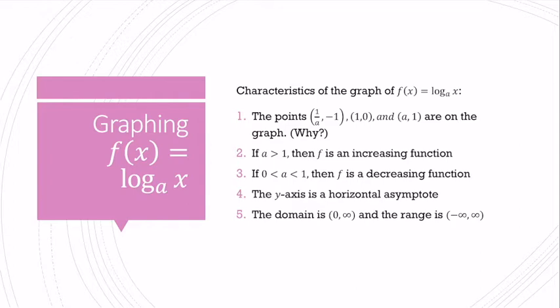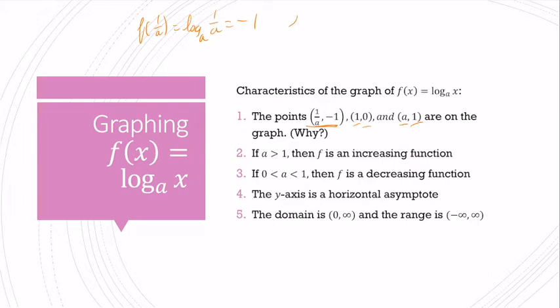So some key characteristics of log base a of x. The point when x is 1 over a, y is negative 1, is always on the graph. The point when x is 1, y is 0 is on the graph, and the point when x is a, y is 1 is on the graph. Why is that? Well, let's take a look. If I have f of 1 over a, that's log base a of 1 over a, which is going to be negative 1, right?